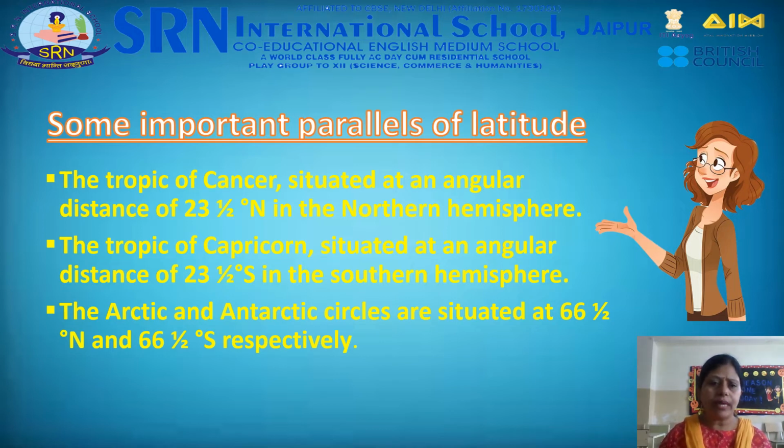The Tropic of Cancer passes almost midway through India. The Arctic and Antarctic circles are situated at 66.5 degree north and 66.5 degree south respectively.